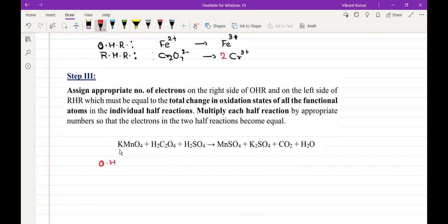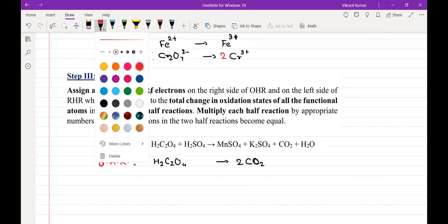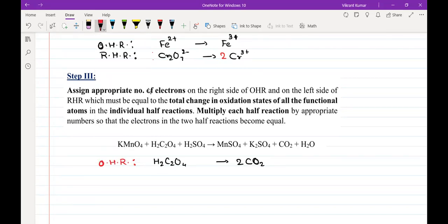So we have already written the OHR: H2C2O4 is giving CO2, and we have already put a coefficient of 2. Now, in this step, what I told you is to see that the functional atoms are balanced, and what the total change in oxidation state of the functional atoms is. Every carbon is going from +3 to +4, right? What is the change per carbon? 1. A change of one per carbon.